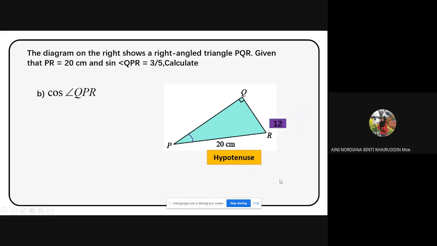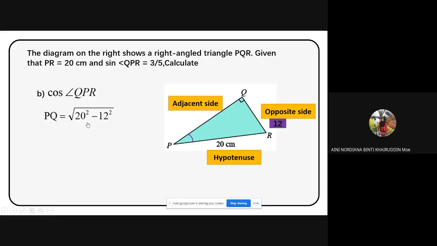So this is the hypotenuse, opposite and adjacent. So cos is CAH, adjacent over hypotenuse. But the adjacent, you don't know the length. So first we have to calculate the length of PQ.